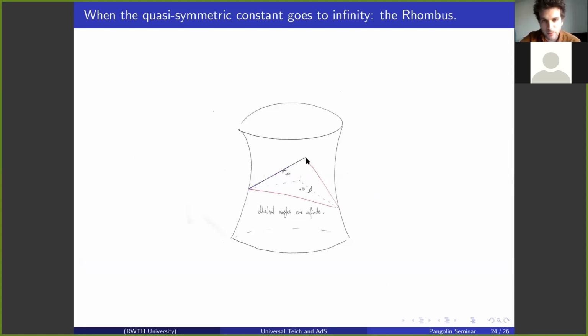So at the boundary there are 4 light-like lines. The red ones, I don't know if you see the mouse, but there are four red curves in the boundary, which is not really a quasi-circle anymore, because the K constant has diverged. And inside AdS, there are 2 space-like lines.